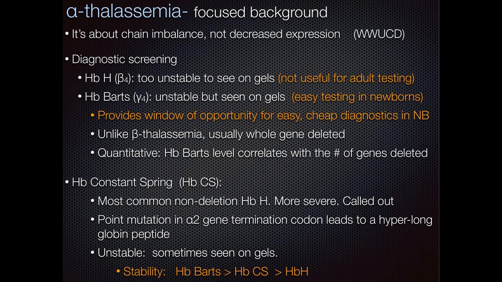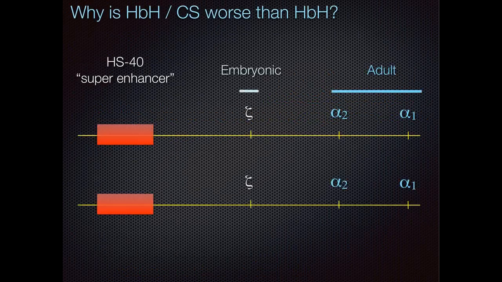It's due to a point mutation that was brought up, and it's quite unstable, and usually it's seen on gels. So why is hemoglobin H constant spring so much worse than hemoglobin H?